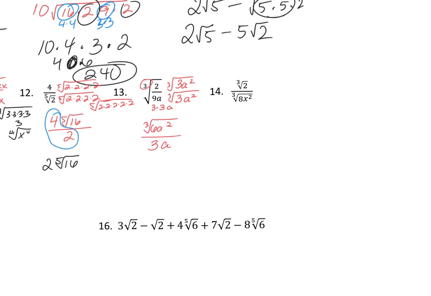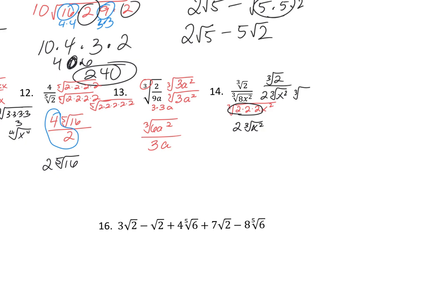Number 14. Biggest mistake on this problem is not recognizing you have a perfect cube. Let's break it down. 2 times 2 times 2x squared. Well, I already have 3 of them, so this is technically 2 cube root of x squared. And the only thing I need to multiply by is 1 more x.